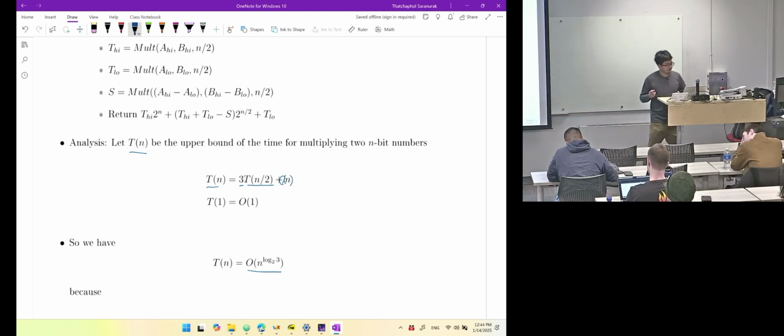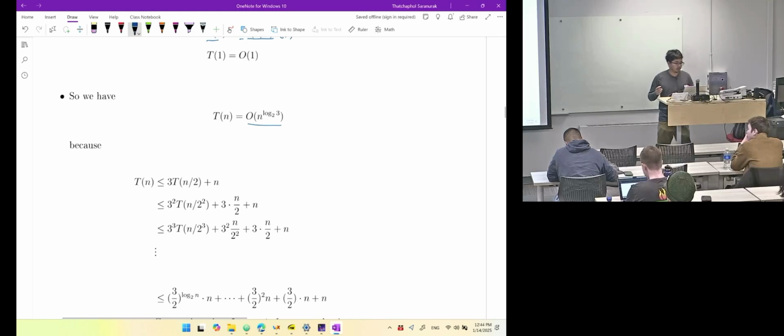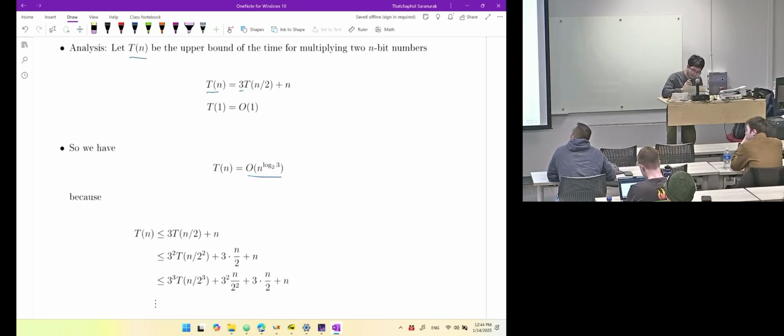So we can do something like this. Let's try to simplify this a bit. Instead of writing order of n, just write n and pretend that there is no constant here. And what you can get here is T of n is this thing.